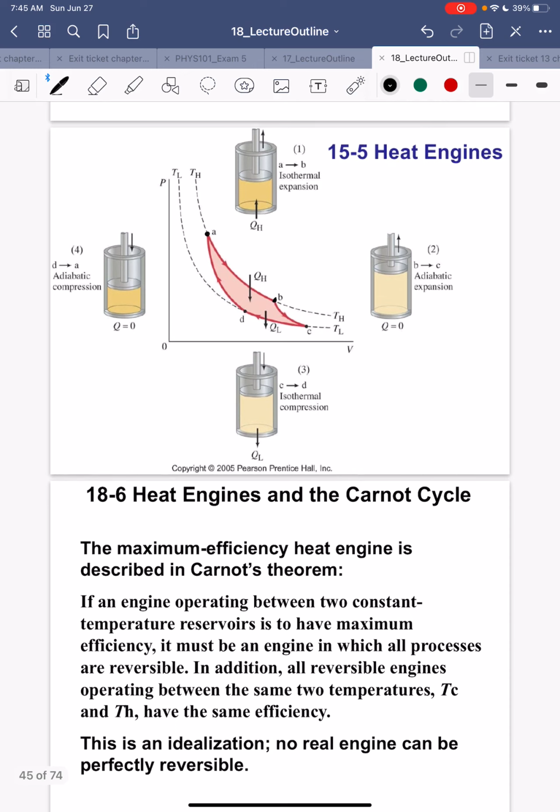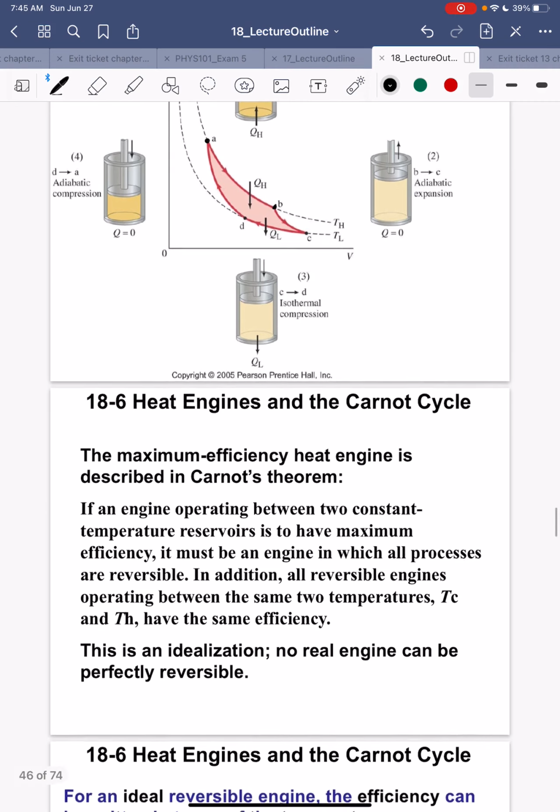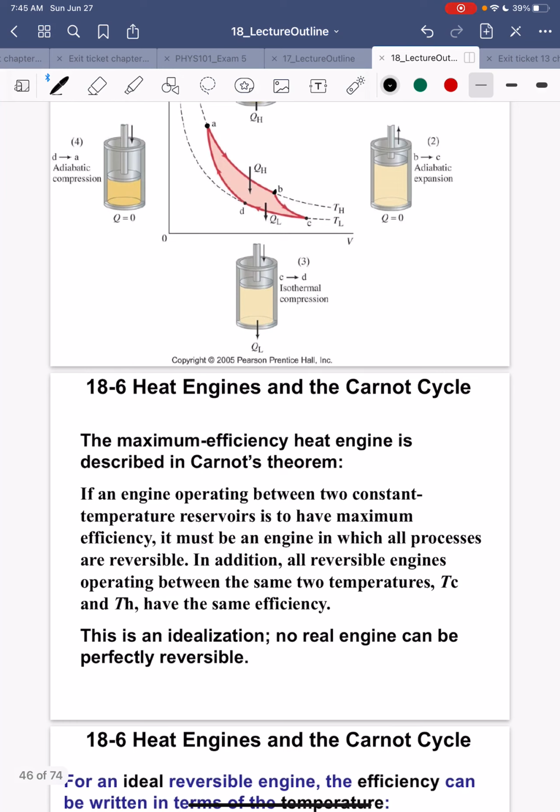The maximum efficiency heat engine is described in Carnot's theorem. If an engine operates between two constant temperature reservoirs and is to have maximum efficiency, it must be an engine in which all processes are reversible. In addition, all reversible engines operating between the same two temperatures have the same efficiency.